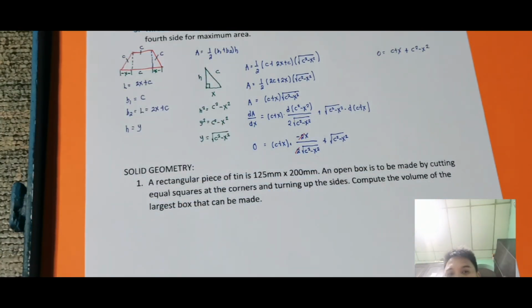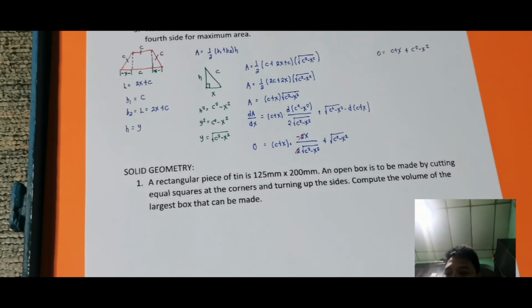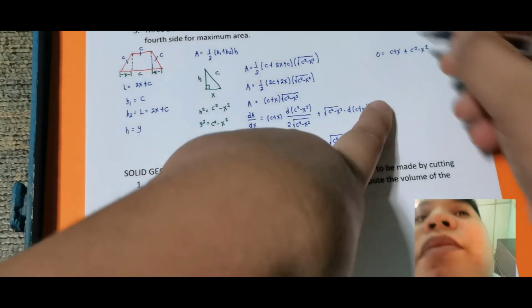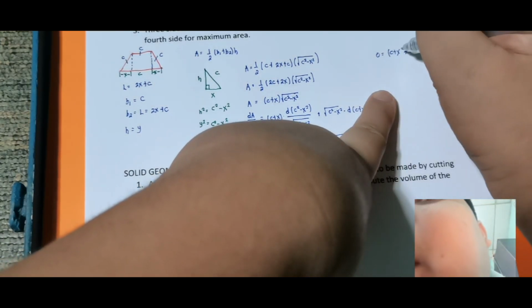Okay, so next thing is, syempre, i-compute natin yung ating value dyan. So, I guess, check ko sa formula. Okay, sorry. No, may matitira pa palang x dito. So, dapat naka-multiply pa to by x. Okay, so, simplify yan.